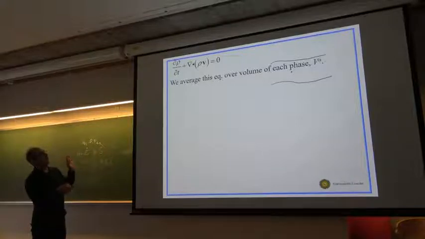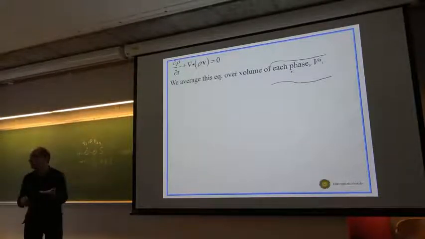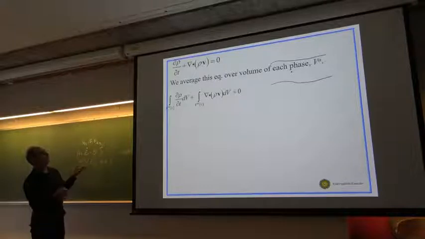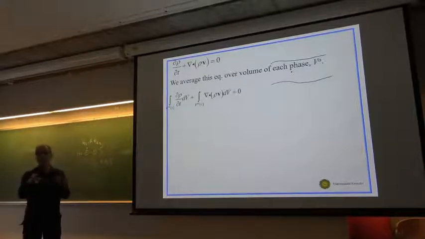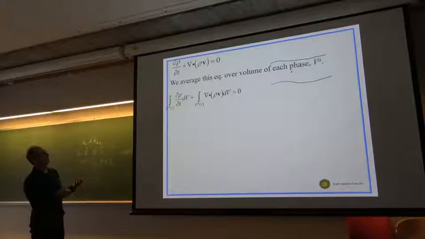And then we average this over the volume of the fluid separately, the volume of solid separately, because those are different materials. So I integrate over volume of V alpha, where alpha is either fluid or solid. We note that potentially this volume is a function of time, because the solid could be deforming. And so I just integrate this.